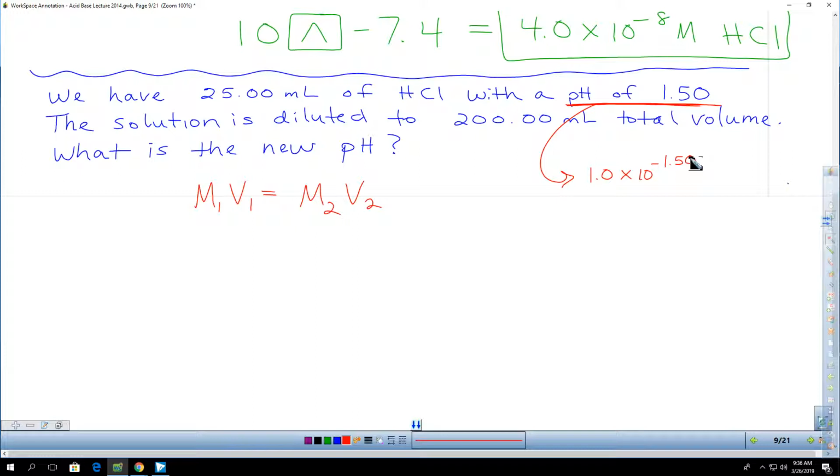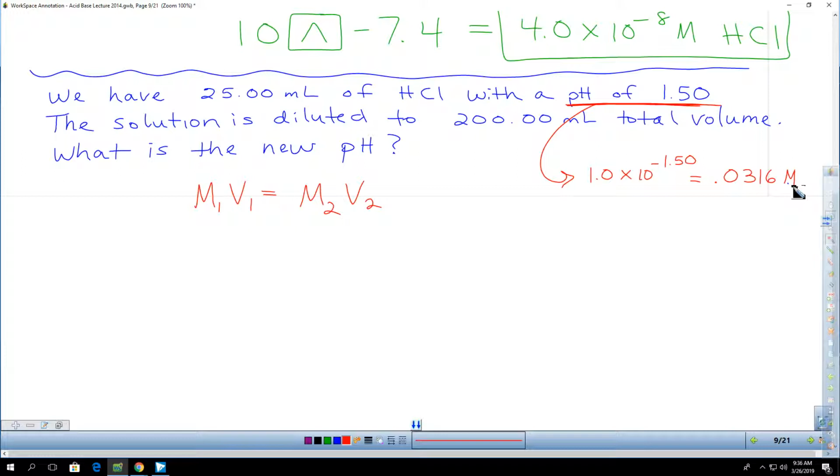I'm going to go 10 caret negative 1.5. And my calculator says 0.0316 molar.